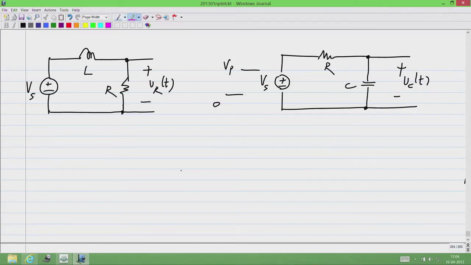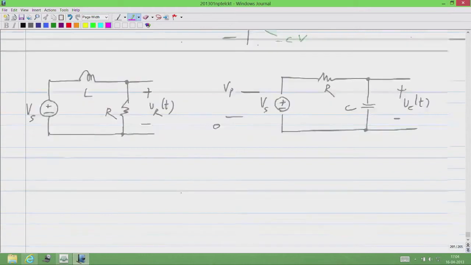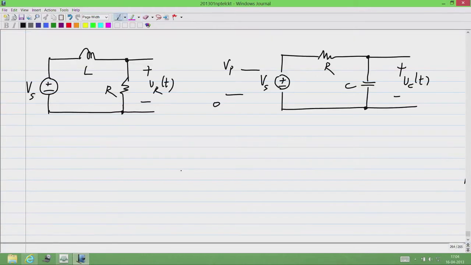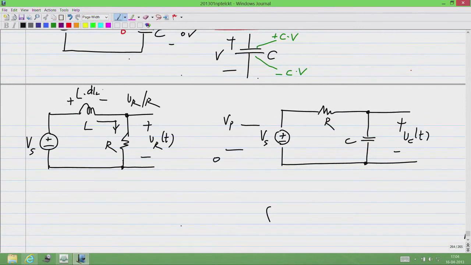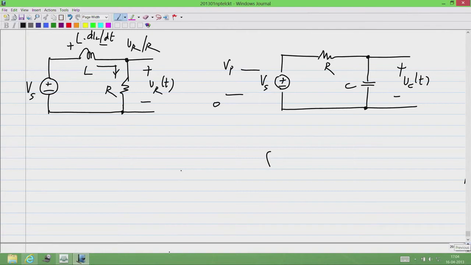Now, the current through this clearly is VR divided by R, and the same current flows through the inductor, and the voltage across the inductor is L times dIL by dt, where IL is the inductor current, and Vs, the applied voltage, is the sum of VL and VR.